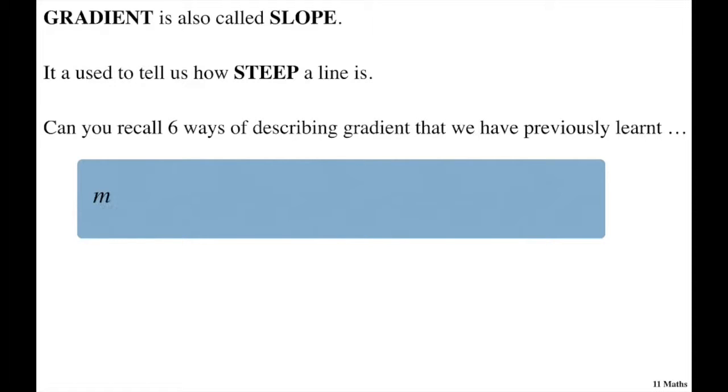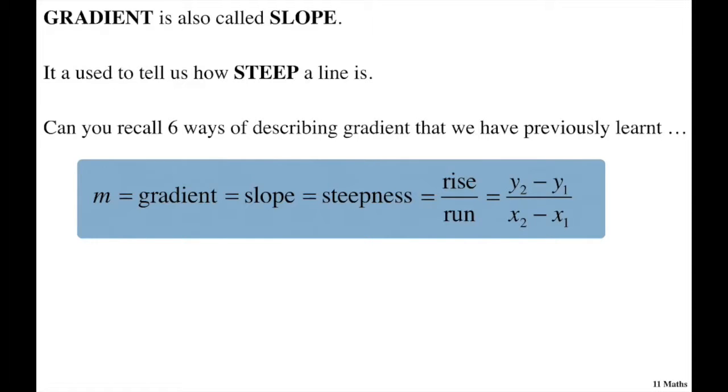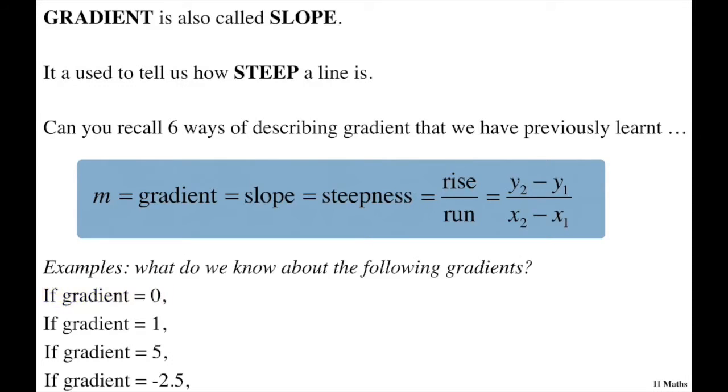One of them we used was lowercase m, small letter m, which was a way of describing the gradient, or the slope, or the steepness of a line. We also know from Year 9 that rise over run was another way that we could describe slope, and y2 take y1 on x2 take x1 was another formula that we used to find slope when we were given 2 points.